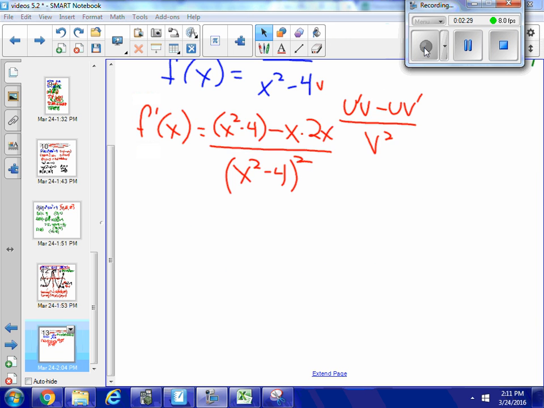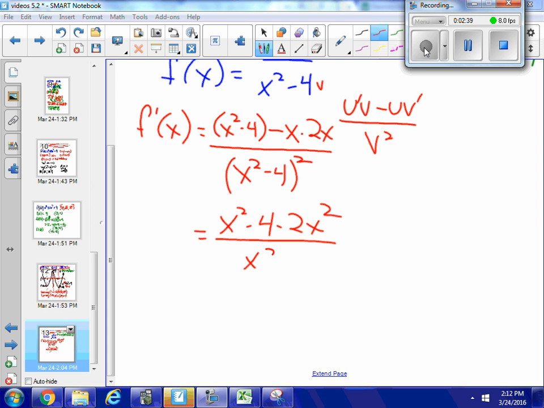Let's simplify a little bit. So I have equals x squared minus 4 minus 2x squared over x squared minus 4 squared. That looks like it equals negative x squared minus 4 divided by x squared minus 4 squared.